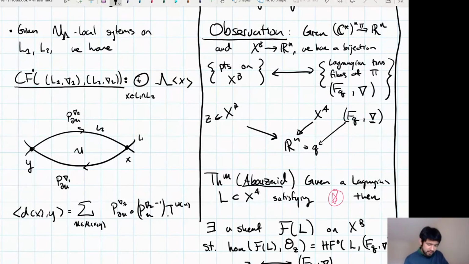This theorem, due to Abouzaid, called the family Floer theorem, is a very heavy piece of symplectic geometry. It provides a method for saying that on the right-hand side I have a whole bunch of Lagrangians, which I presuppose are the mirror objects to points. From the data of a bunch of Lagrangians, I get the data of a bunch of Lagrangian intersection Floer cohomologies, and I can assemble that data completely into a sheaf.